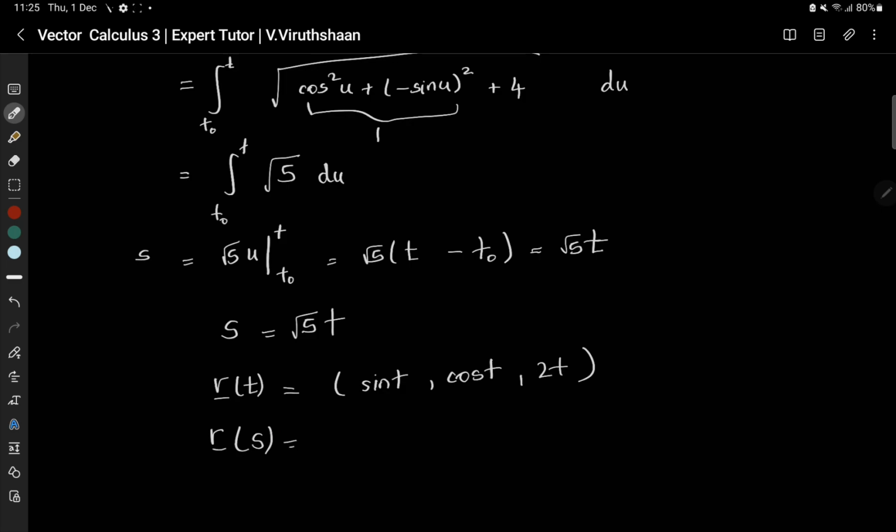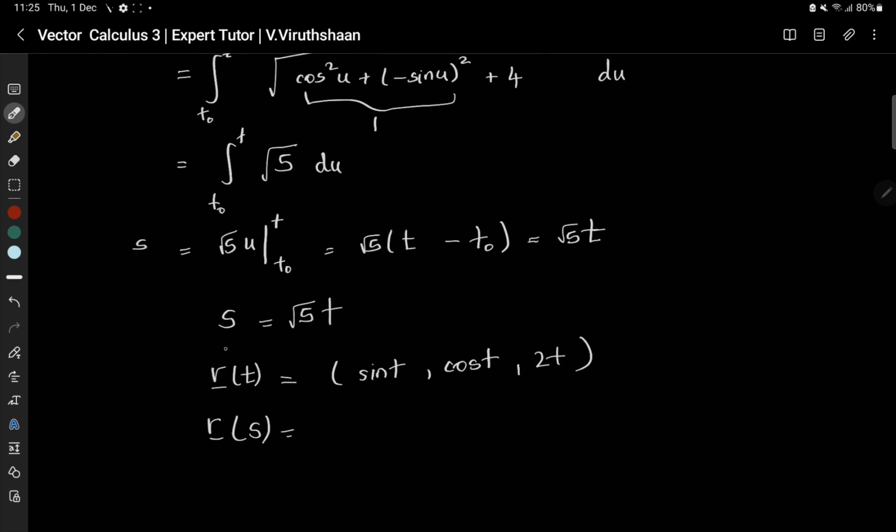So how can you do that? We knew the relationship between t and s, and you can directly substitute t is equal to s by root 5 in this equation, so that you can get the whole answer. So sin s by root 5, likewise cos s by root 5, and 2s by root 5.